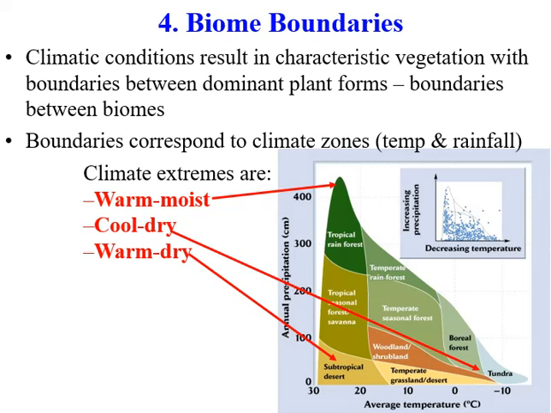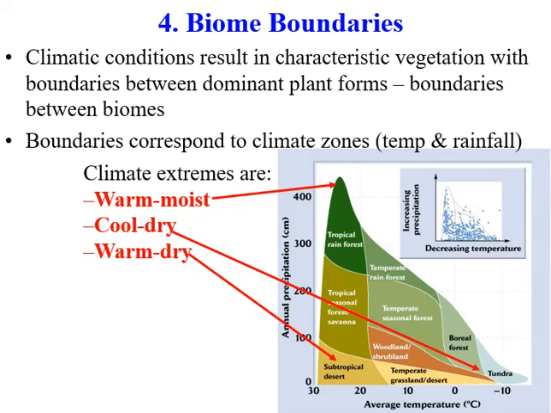But if you just look at these two environmental features of temperature and how much rainfall there is, this rainfall might be in the form of snow in some cases, but it's precipitation, then along this gradient, you have places where it rains a lot, and you have places where it doesn't rain very much, from 0 to 400 centimeters of precipitation per year. You've got temperatures that are very warm, ranging to temperatures that are very cold.